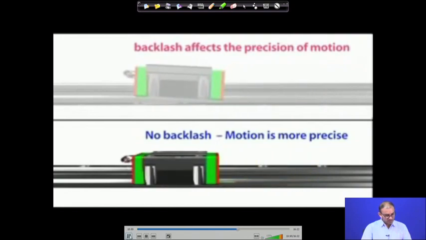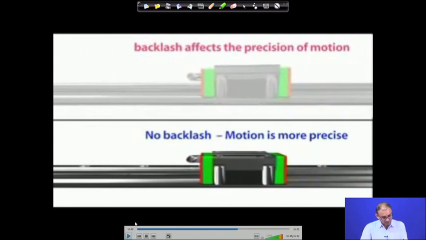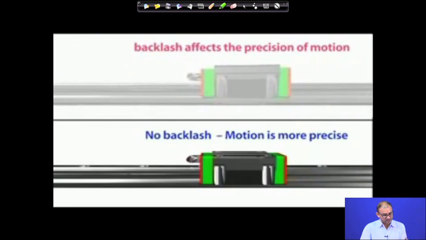So, why does this matter? Whatever we are looking at at this particular location, the way it is moving up and down is a highly exaggerated view, but at a micro level, that is also enough to destroy our workpiece geometry.